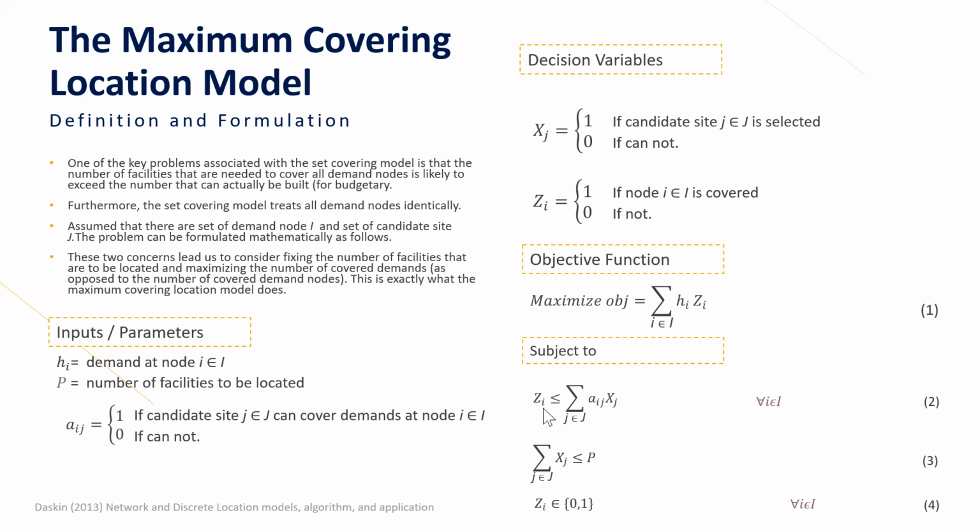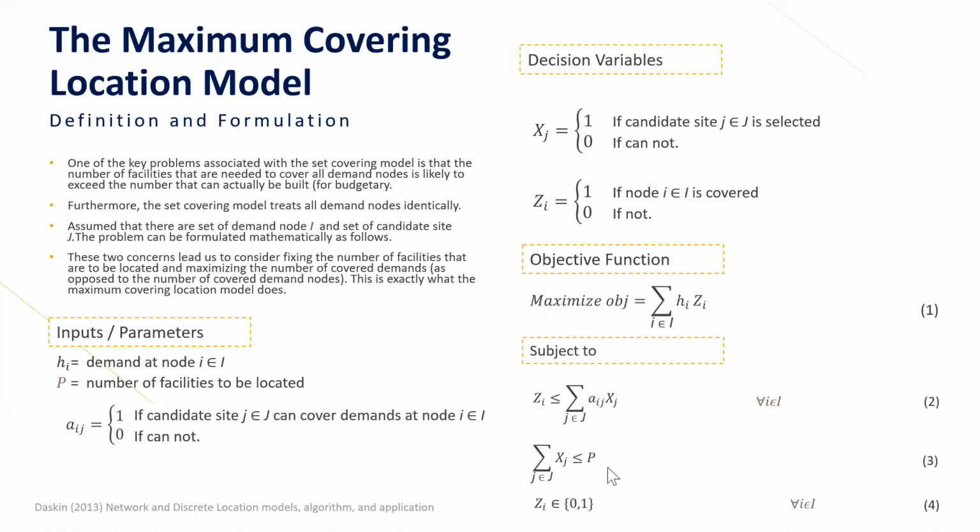It's just to make the value, if you assign to facility j, so the facility will be open. Oh, sorry, we will denote the demand at node i will be covered, something like that. This is represented by this constraint number 2.